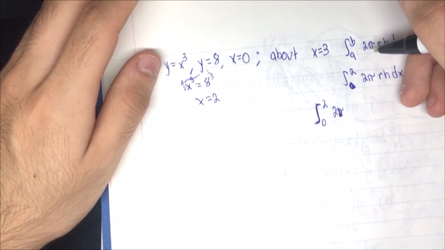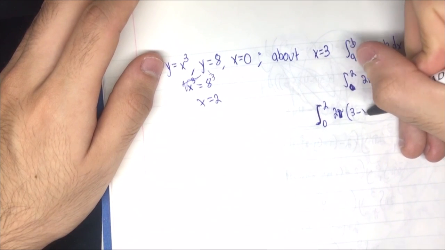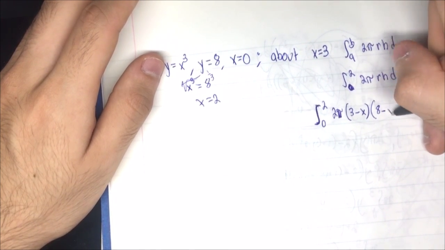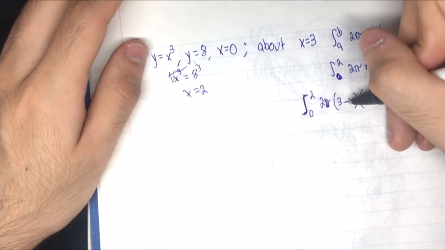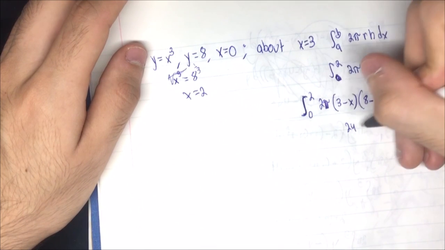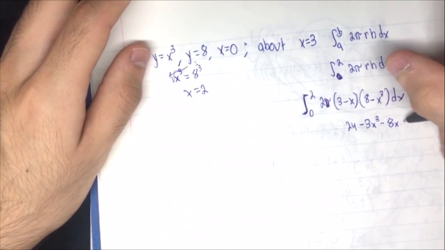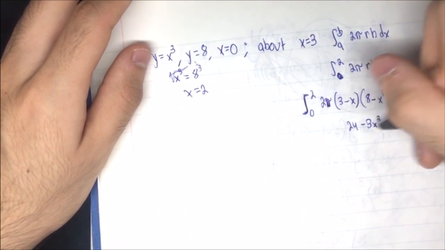So now time for the easy steps. So this is what we have after we figure out the graph, which I wasn't able to figure out. Boom, dx. And then we FOIL, so it'd be 24 minus 3x cubed minus 8x plus x to the 4th dx.